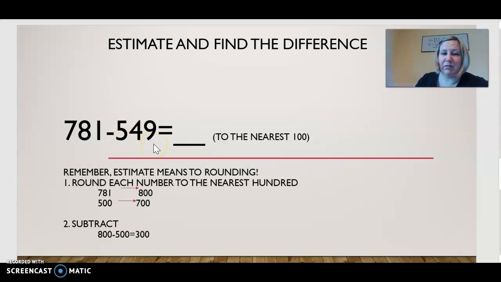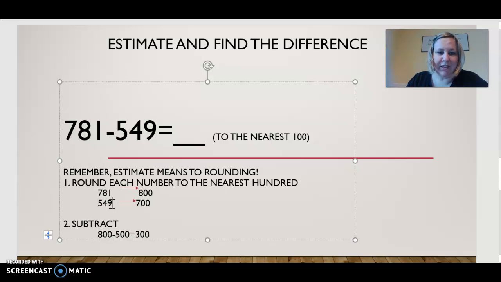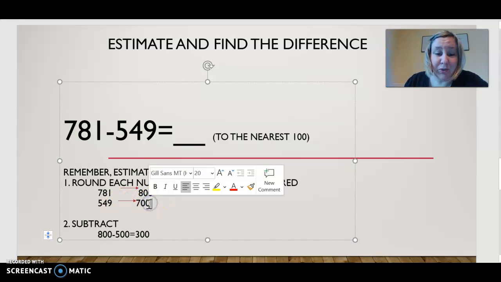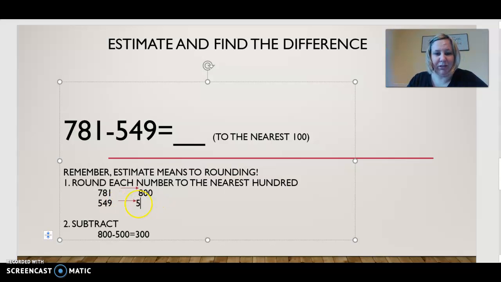So that would be at 500. Oh my goodness, another typo. 549 rounds to 500. Good job. 800 minus 500 equals 300. Kiss your brain. Awesome. All right, now we're going to do another problem.